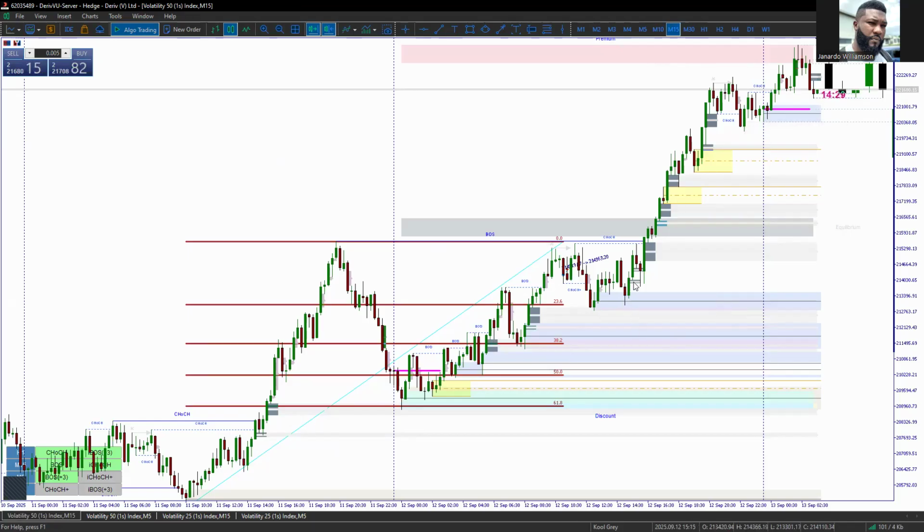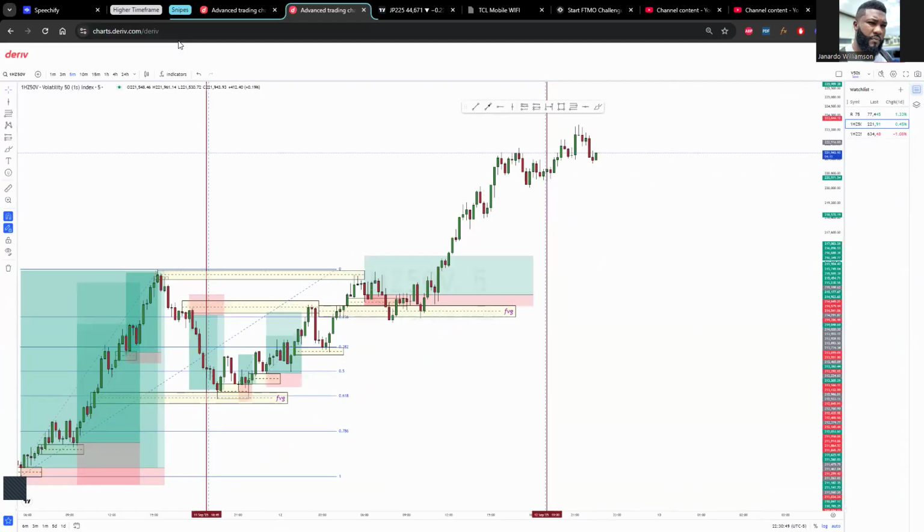There are a few entries here using these order blocks, one here, and this would be on the 5 minutes. So we have a 5 minute here, another 5 minute here. It'll just keep pushing up. We had another entry here. So that's what happened on the 12th. Let me go back to TradingView now and mark them.